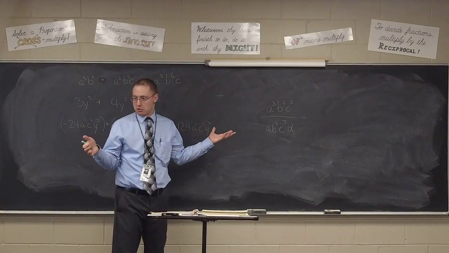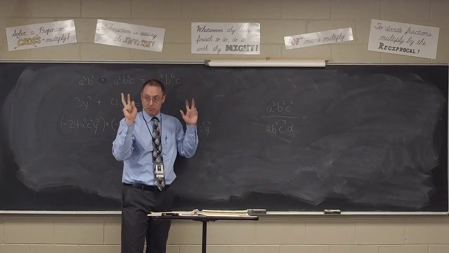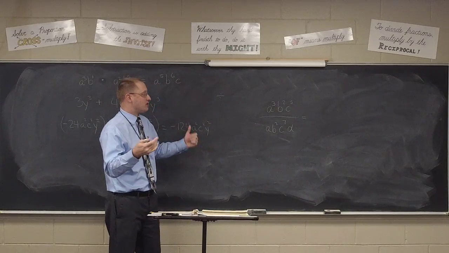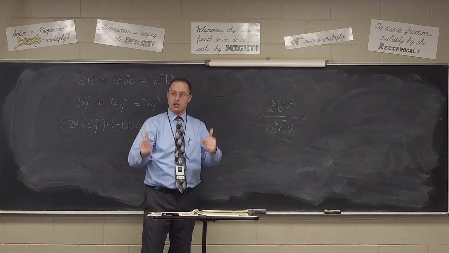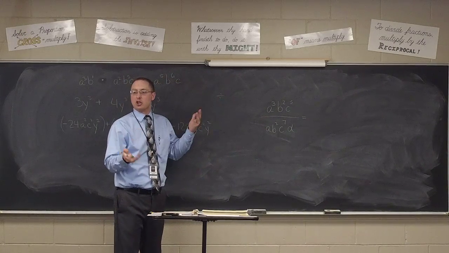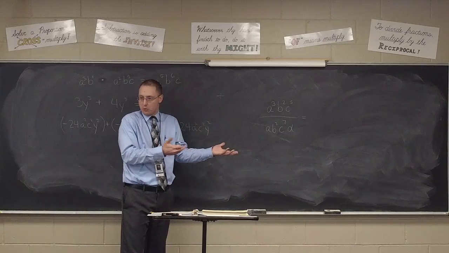They don't have to be like terms to divide them, but we only actually combine as we divide like bases. And we said that when we divide like bases, class, we subtract the exponents. Essentially we cancel away matching parts and leave the winner where he is.